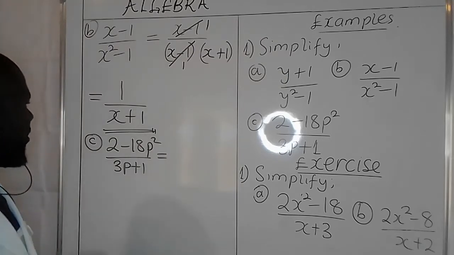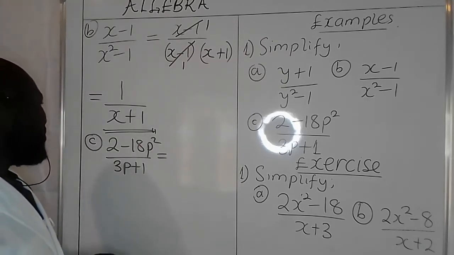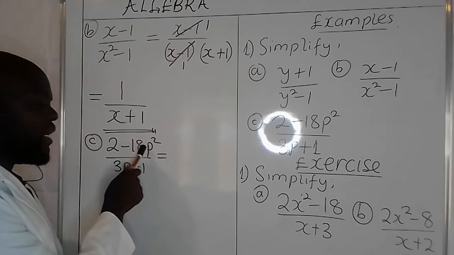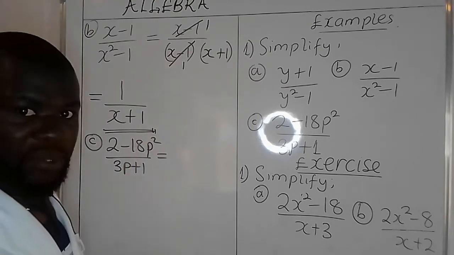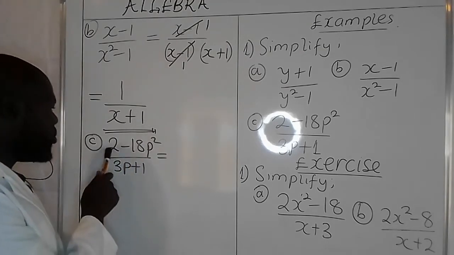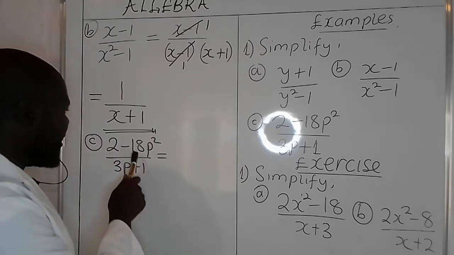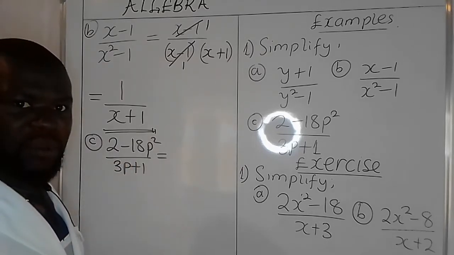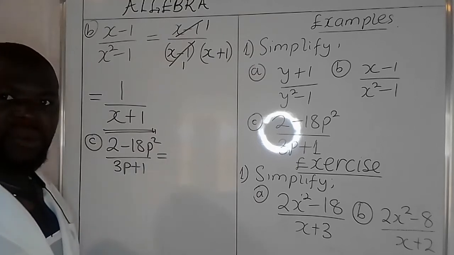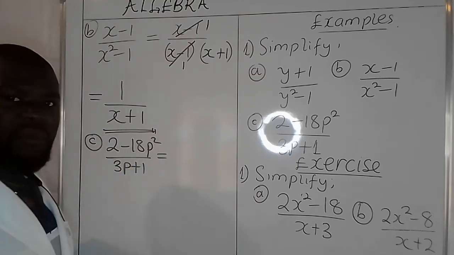You can see the numerator is not a difference of two squares, as 2 is not a perfect square, and 18 is not a perfect square.